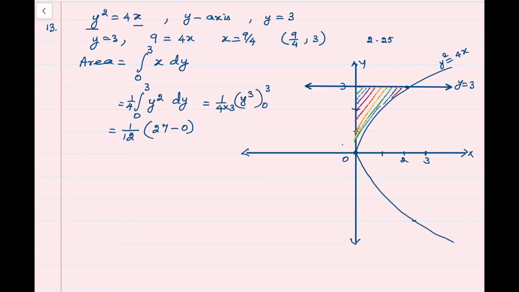Therefore, the answer is 27 over 12. We can cancel 3. The answer is 9 by 4 square units. And the correct option is B.